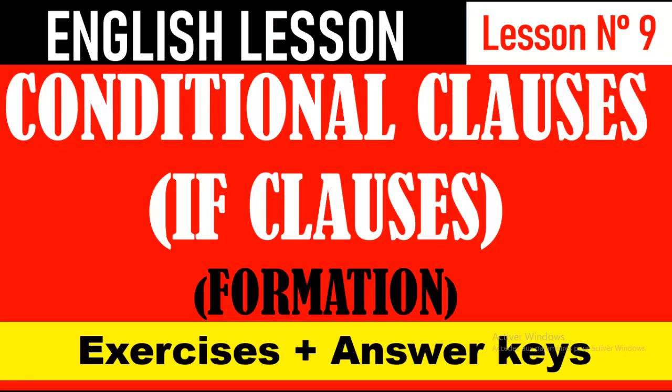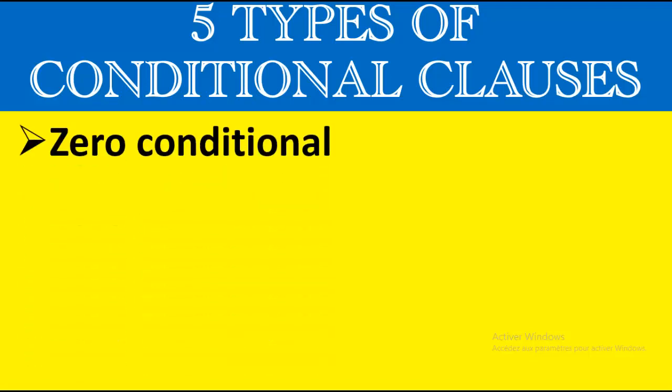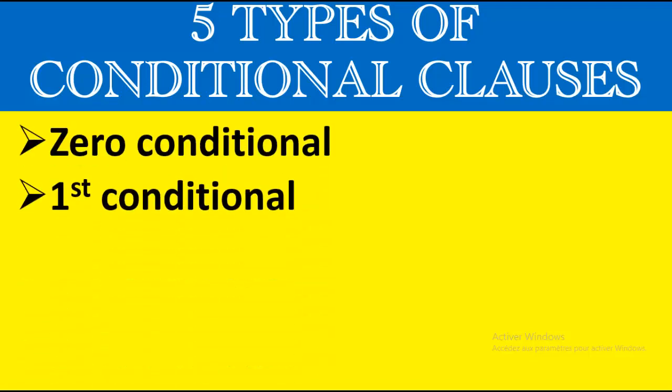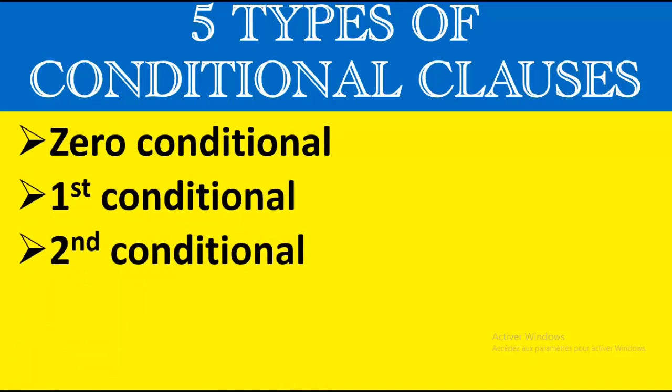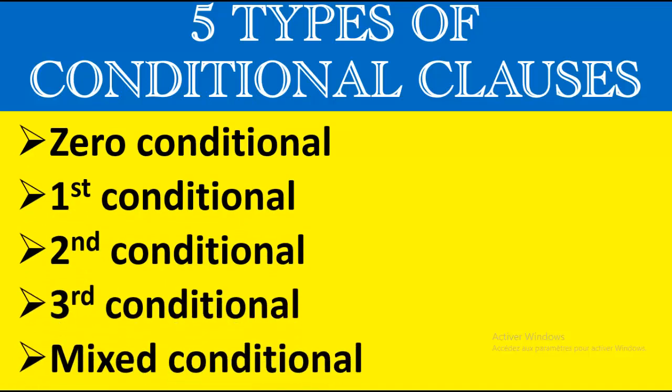So as I told you a while ago, today is lesson number 9 of this year. How many types of conditionals do we have? Of course, we will deal with 5 types of conditional: zero conditional, first conditional, second conditional, third conditional, and the mixed type conditional.